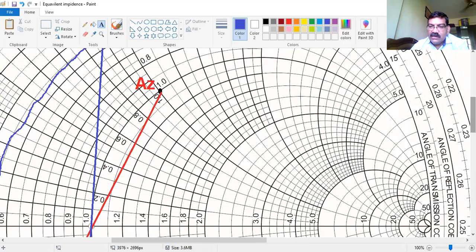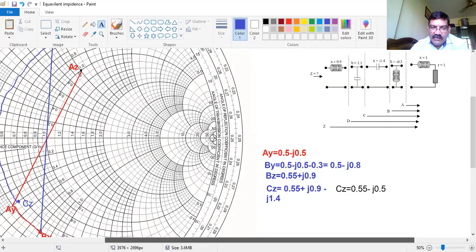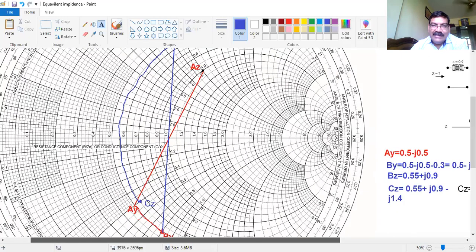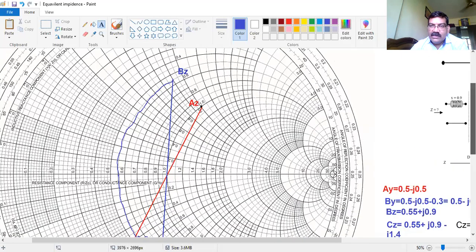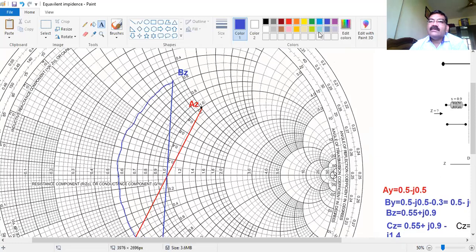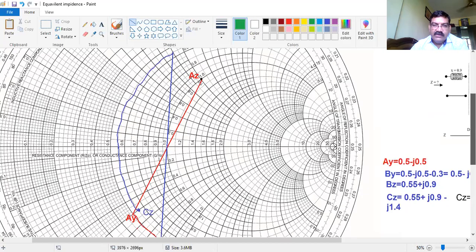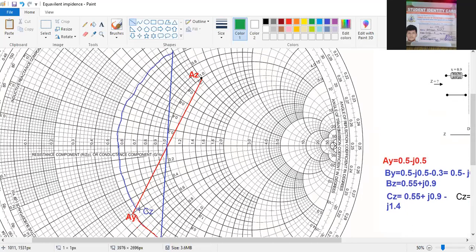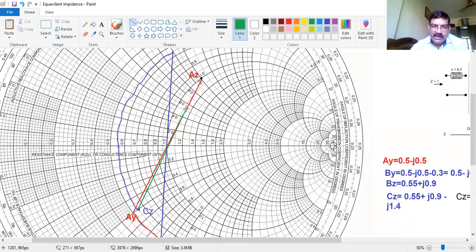I'll take another color for the CY value, this green color. Now this CZ, I'll convert it this way, and I should get the CY.